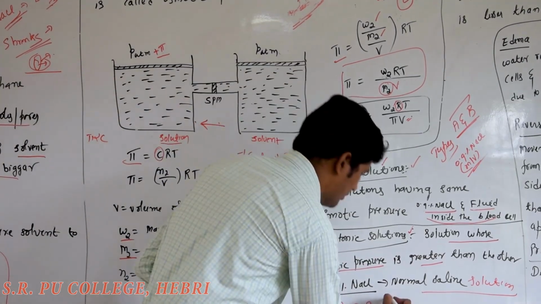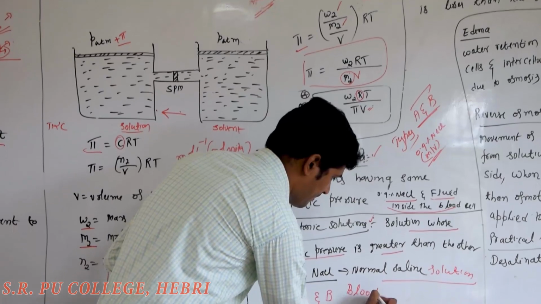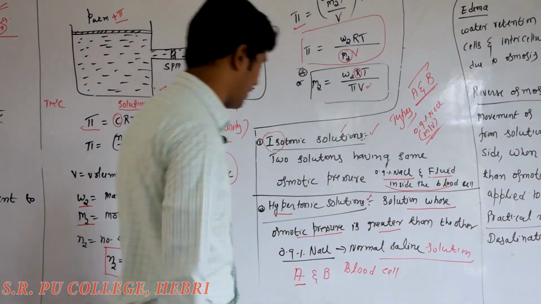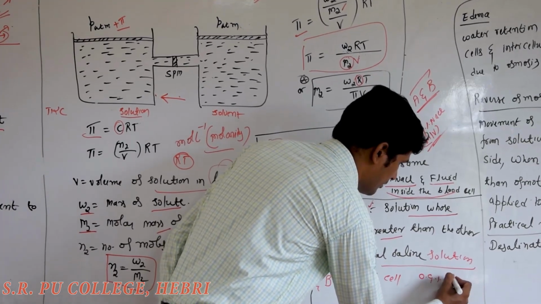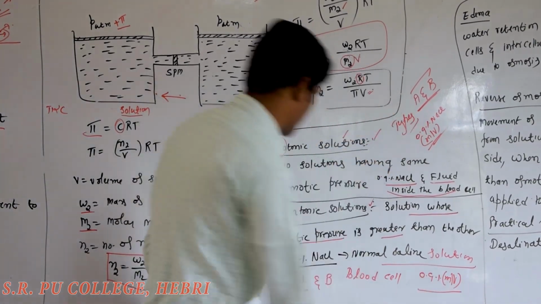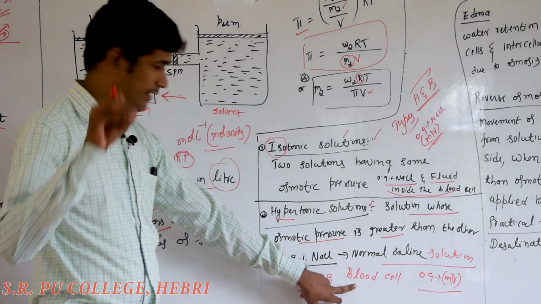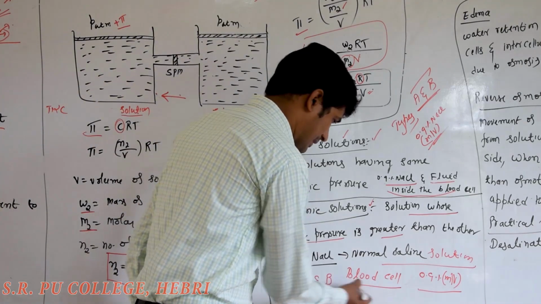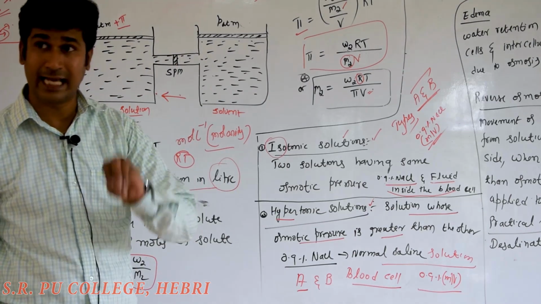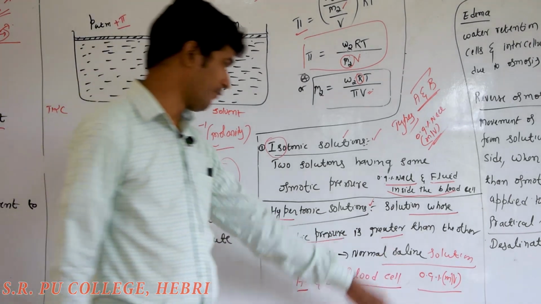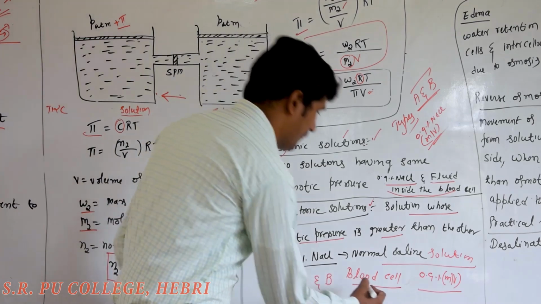Now, I will give one example. If you dip a blood cell in a solution whose concentration is greater than 0.9% mass by volume, what happens?